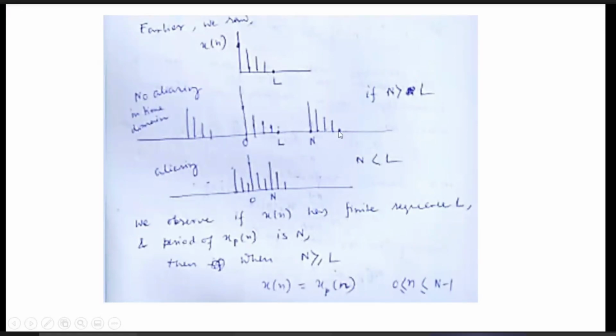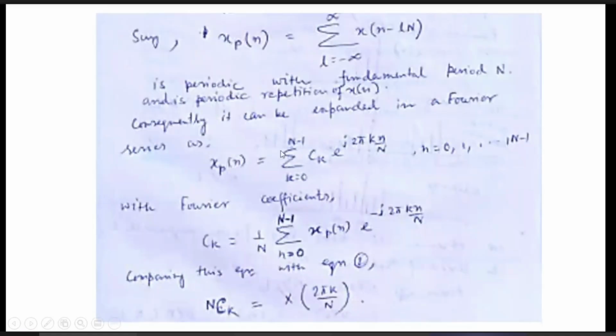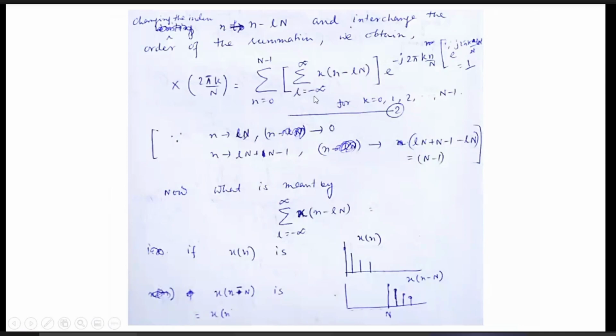There must be some aliasing condition. The length of the time domain signal is L, and after reconstruction we get N number of points, so N should be greater than L. L is the length of the original signal and N is the length of the reconstructed signal, that is, the periodic signal coming from the Fourier series representation, this summation that we have discussed.